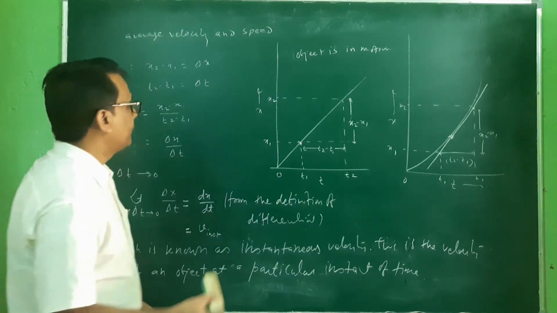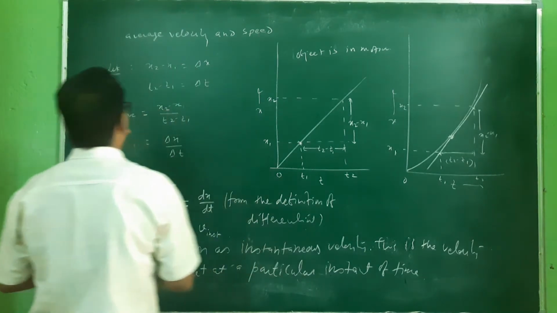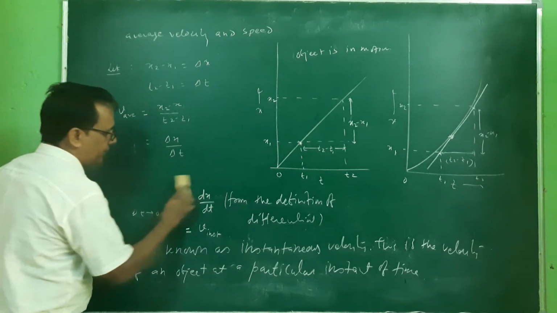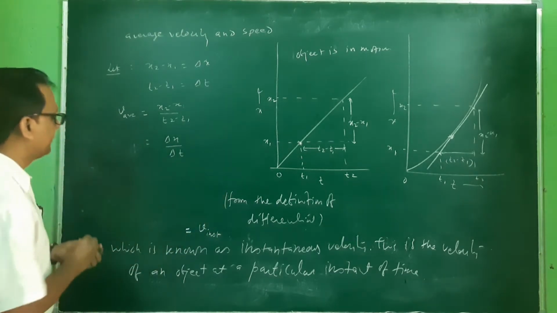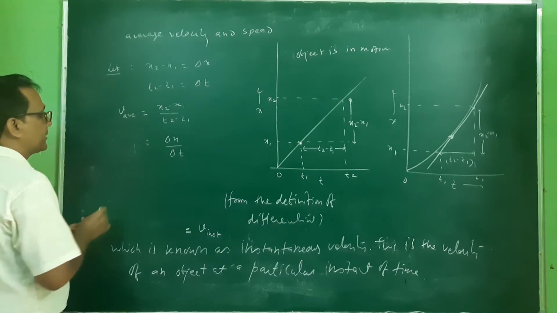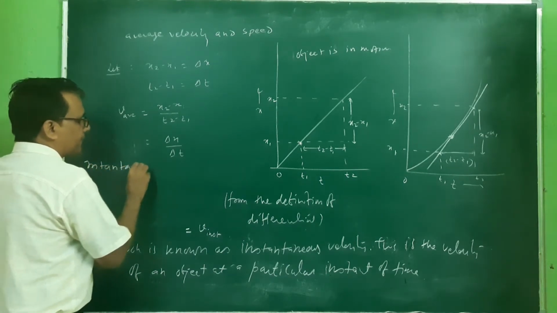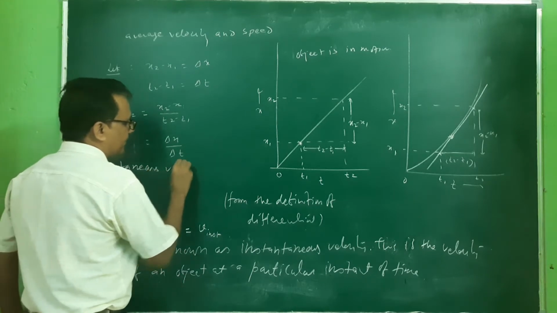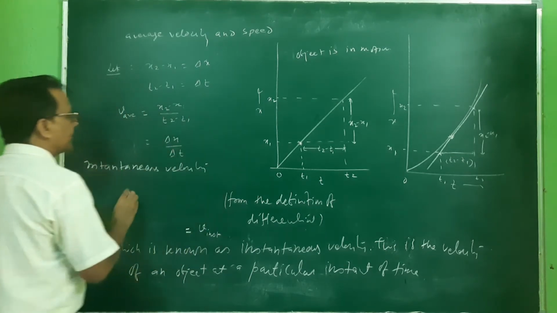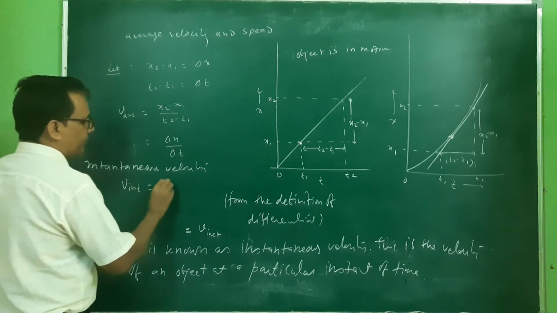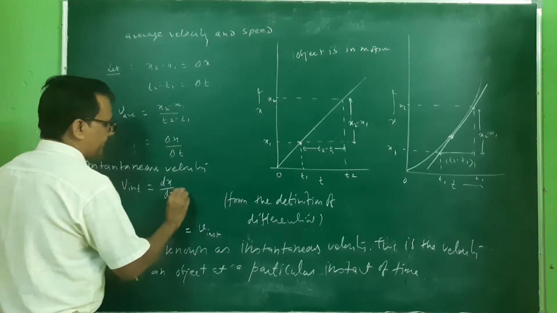So we have two formulas for the velocity. One is the average velocity, and then the instantaneous velocity, v instantaneous, which is equal to dx by dt.